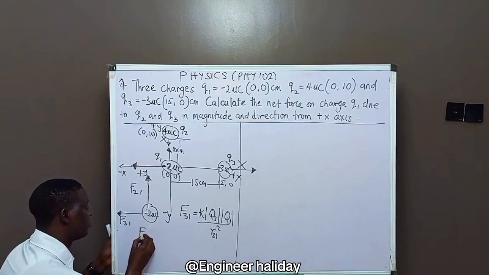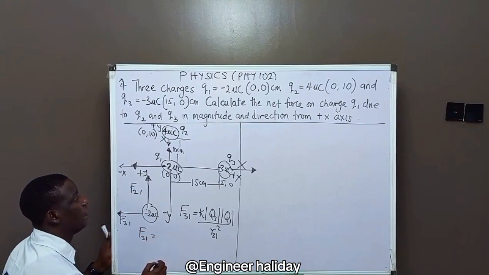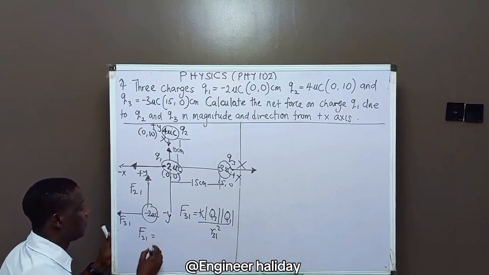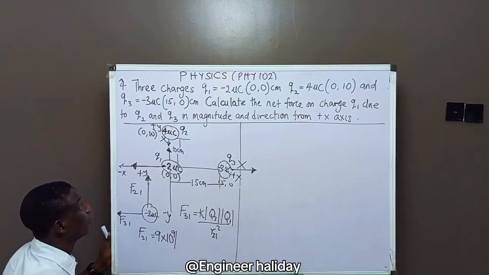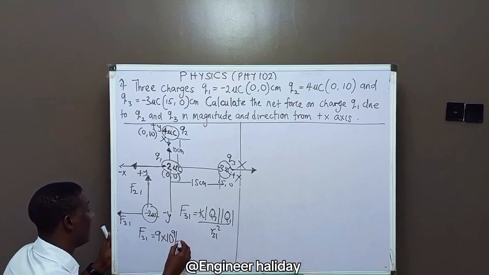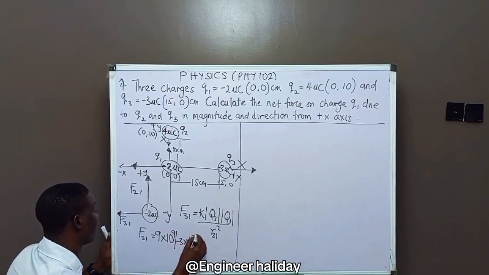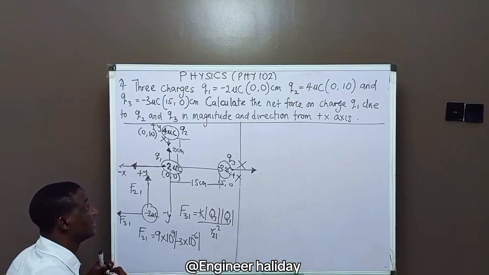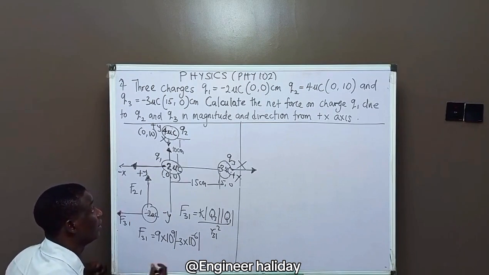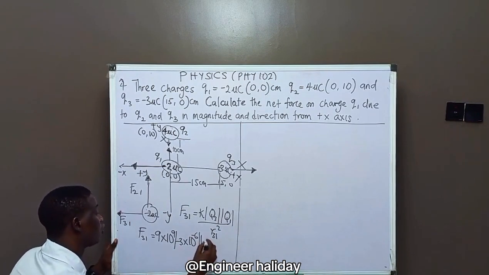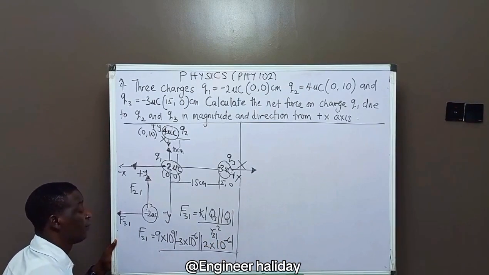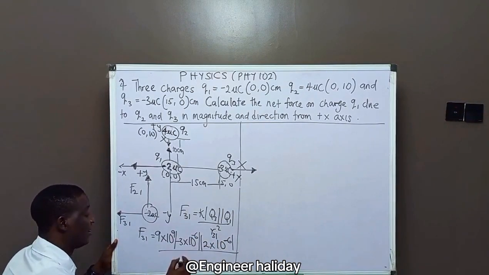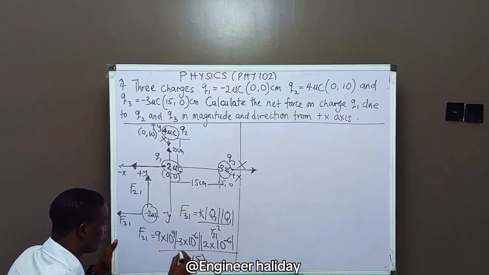So F31 is 9 times 10 to the power 9, absolute of Q3, minus 3 times 10 to the power minus 6, absolute of Q1, 2 times 10 to the power minus 6, all over the distance apart, 0.15, all squared.